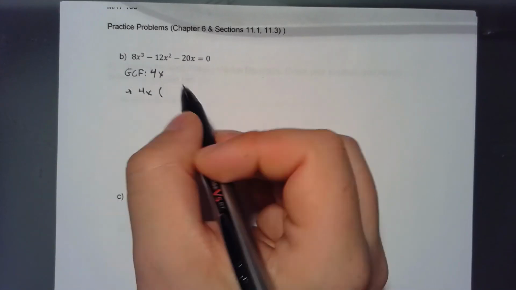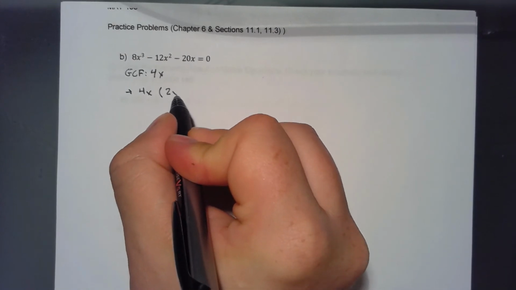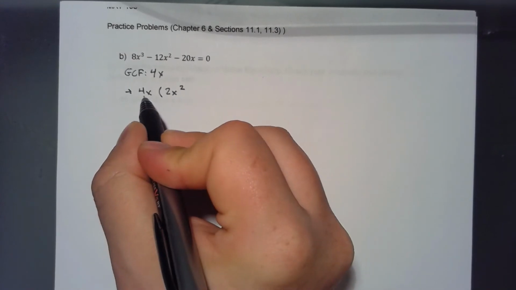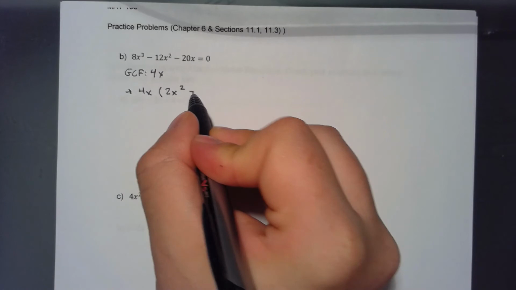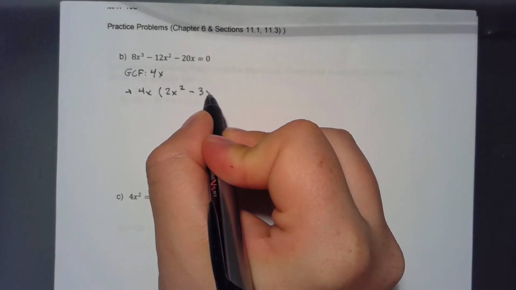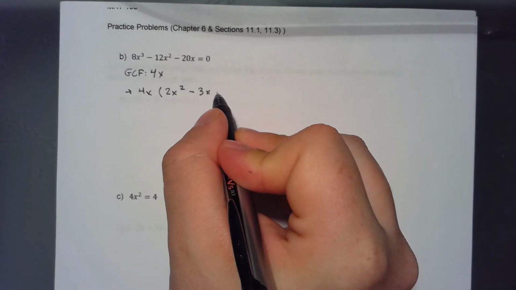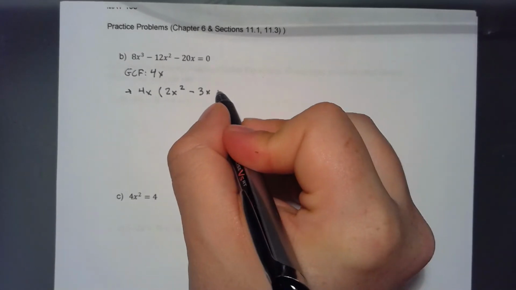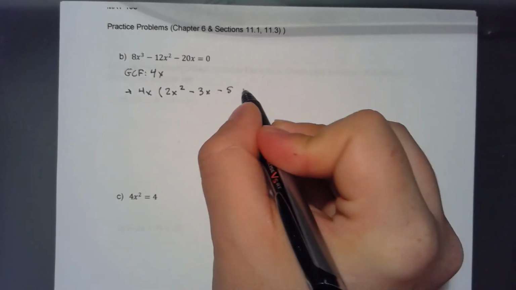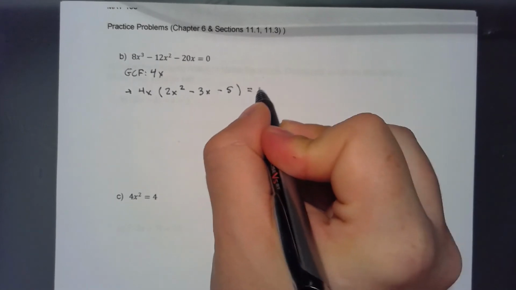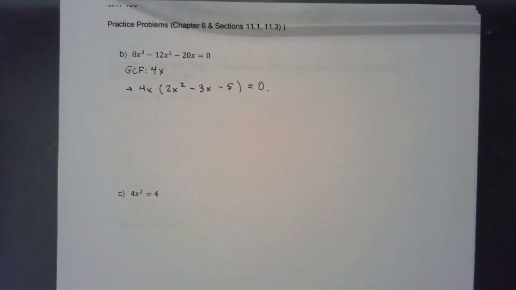So 4x factored out of 8x cubed is 2x squared. 4x out of negative 12x squared is negative 3x. Then 4x out of negative 20x is negative 5. So that whole thing equals 0. Right?